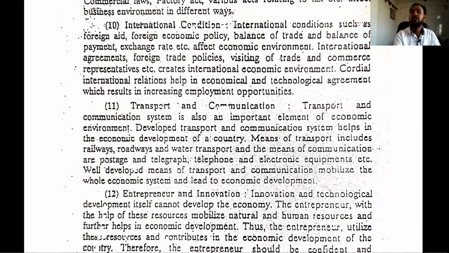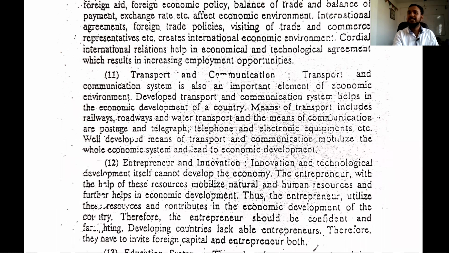Now, transportation and communications. The transportation and communication system is also an important element of the economic environment. A developed transport and communication system helps in the economic development of a country. If a country has a developed communication system and a developed transportation system, then it is very helpful for any firm.